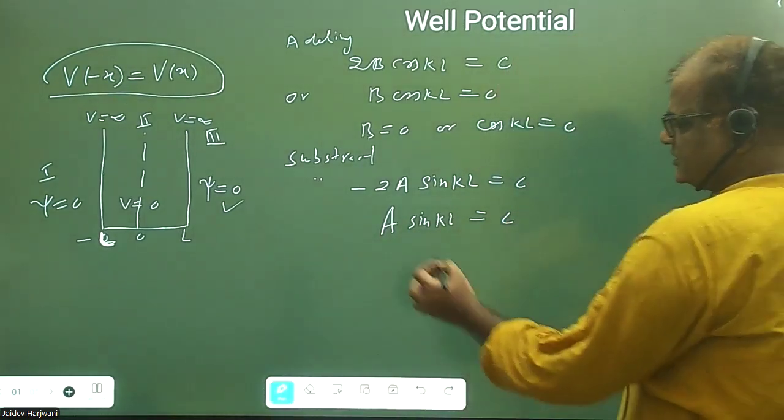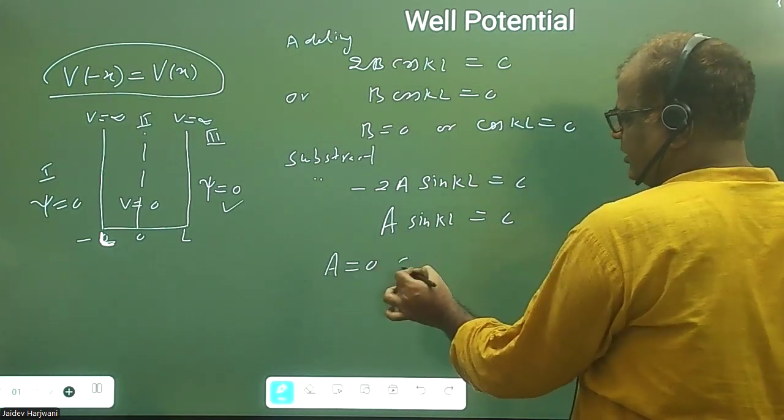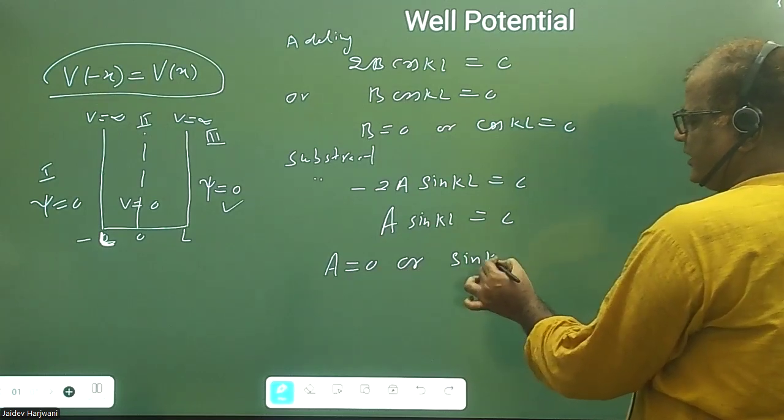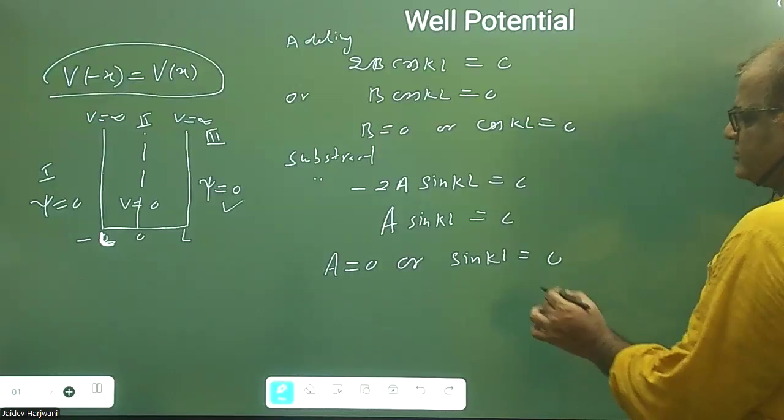Now this suggests either a equals 0 or sine KL equals 0.